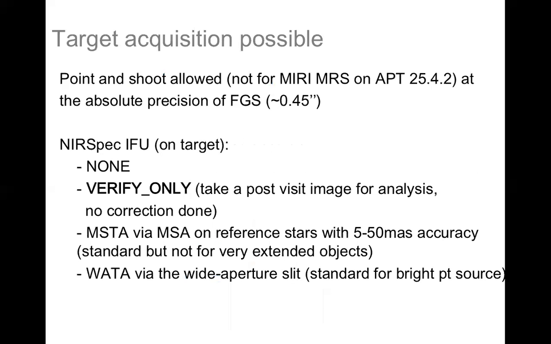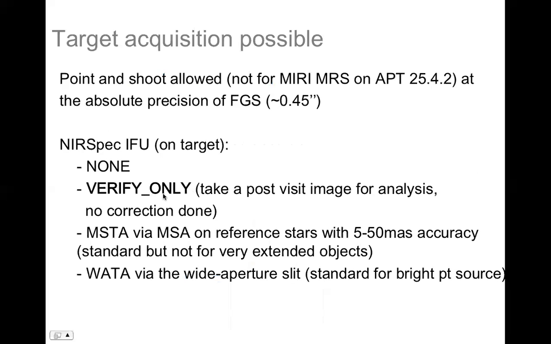For NIRSpec, there are different options. There is the target acquisition called known, where actually no target acquisition is done at all. There is also the verify only option. This option is very interesting for IFU observations of extended targets.